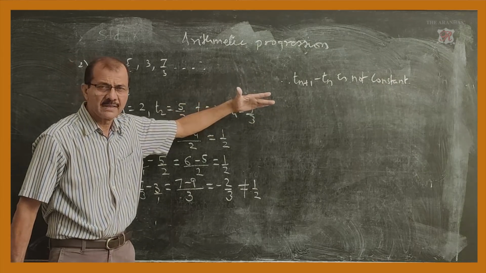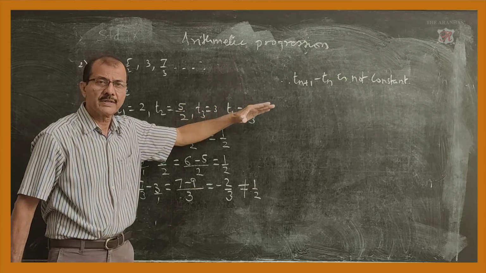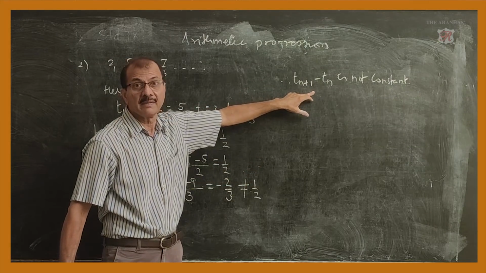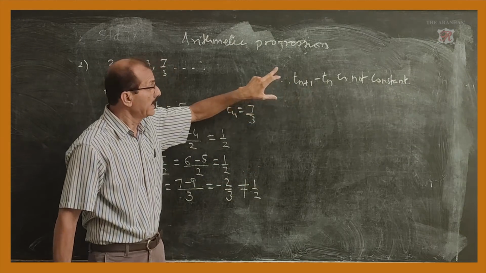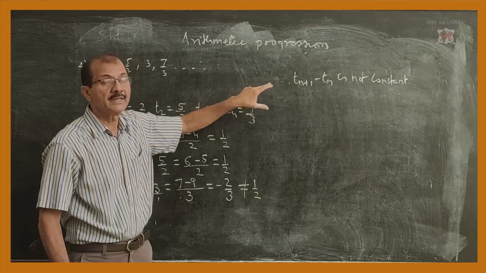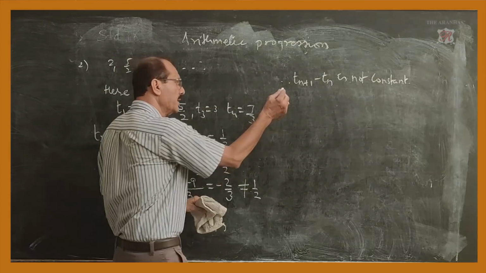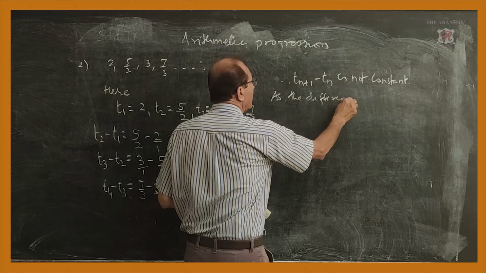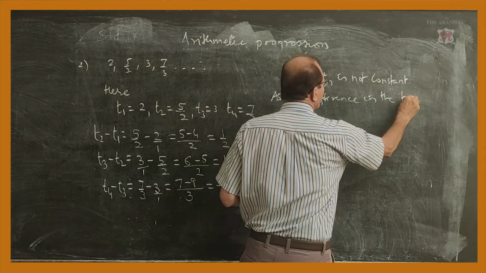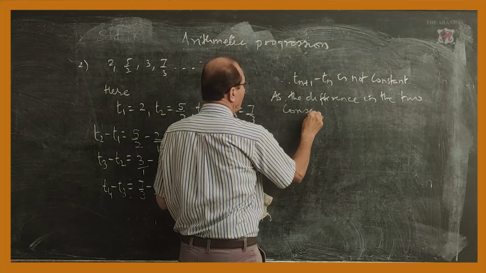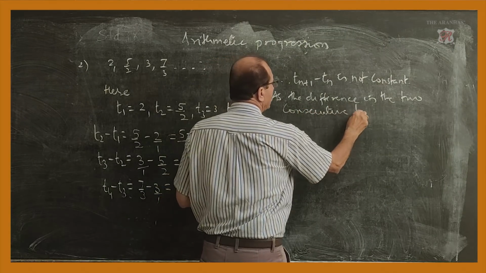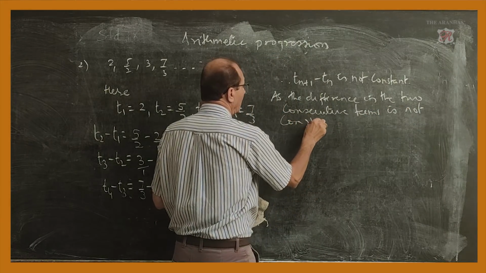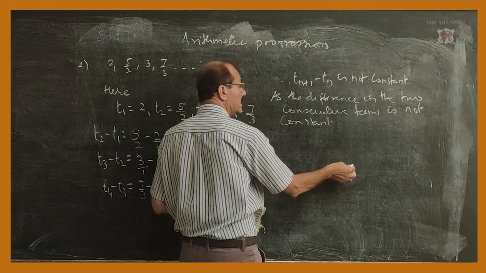Or you can write in words that the difference in the two consecutive terms is not constant. If you don't want to use this symbolic expression, you can write in words that the difference in the two consecutive terms is not constant.